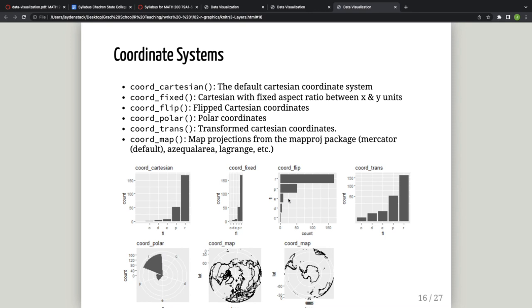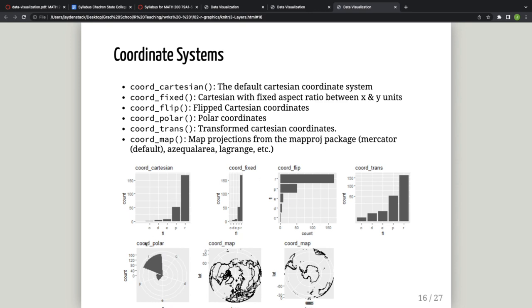Sometimes this is a little bit easier to show. Let's say for comparing speeds or something like that, and the axis was, let's say, pitch speed and count was miles per hour, right? Maybe I wanted to see who threw the fastest. This would be a pretty good idea to flip our coordinates to show it a little bit easier.